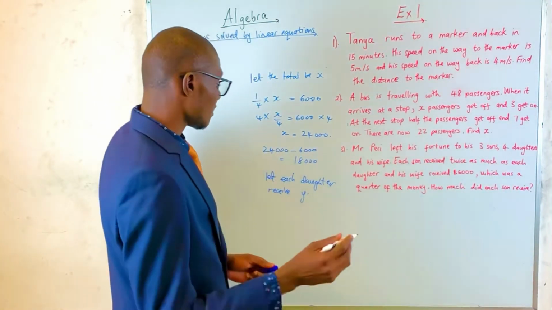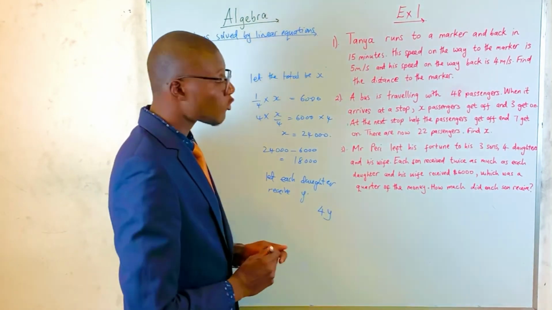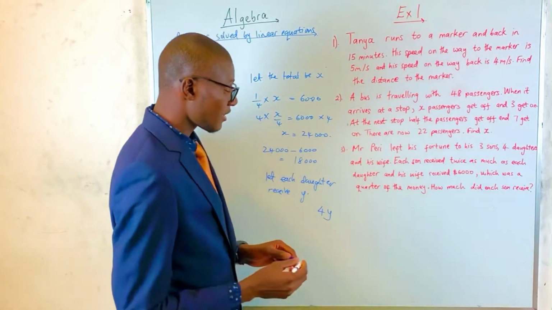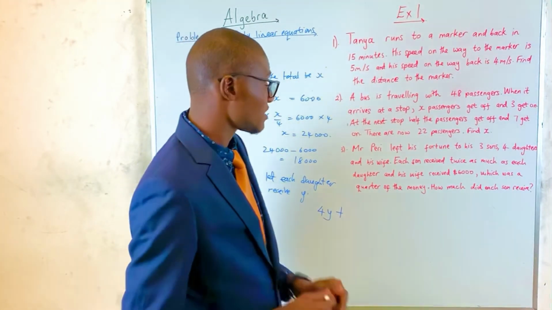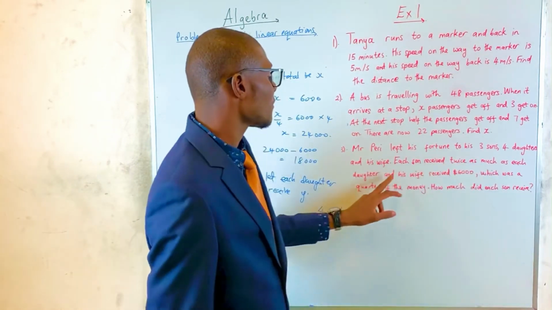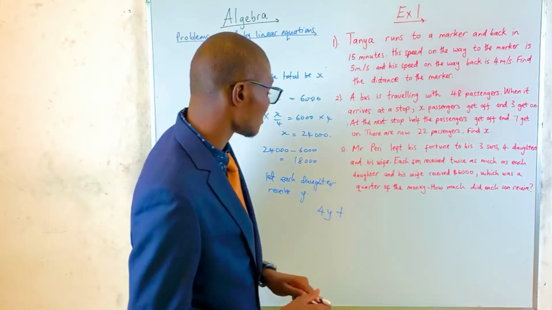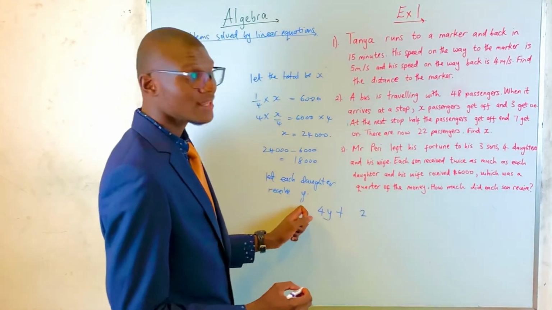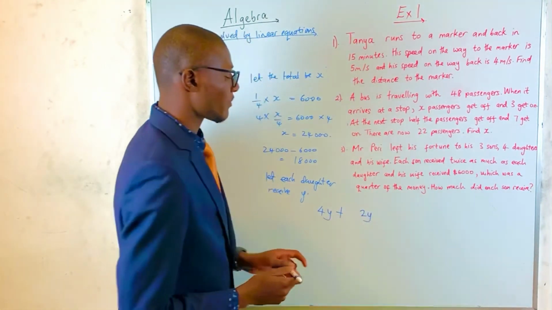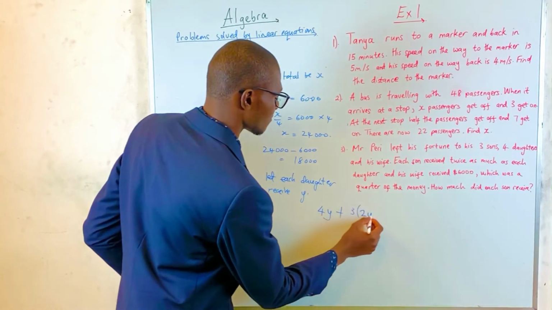It means that the 4 daughters will receive $4y, then plus the amount that the 3 sons will receive. We are told that each son receives twice as much as each daughter. So for each son, we're saying 2 times the y that each daughter gets, right? This is for 1 son, but there are 3 sons then, so we shall multiply this by 3.